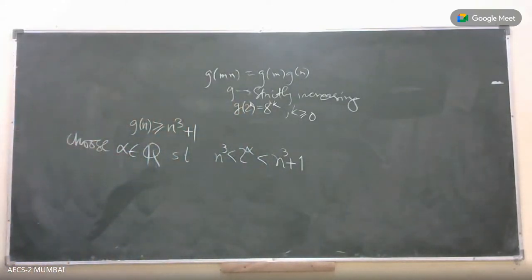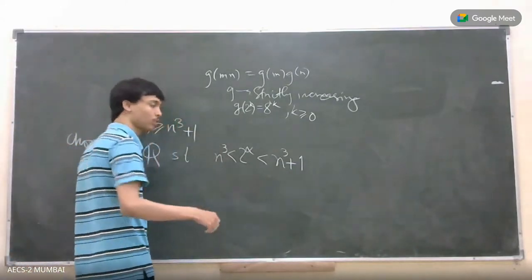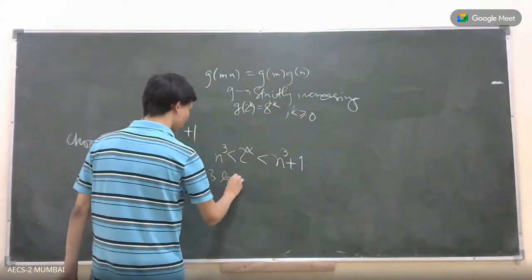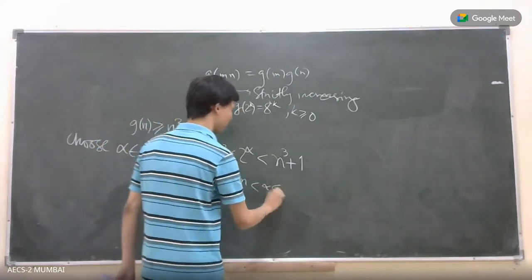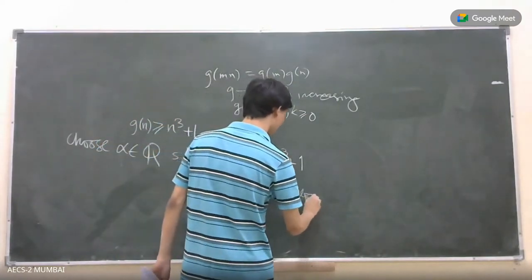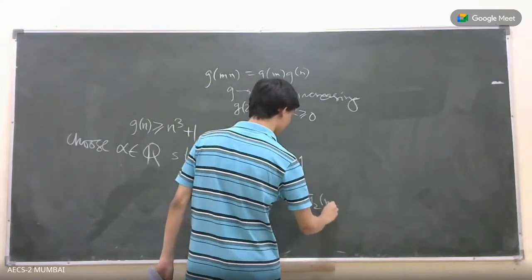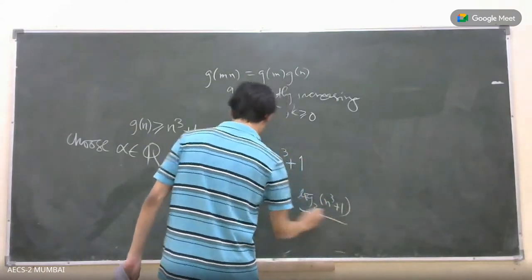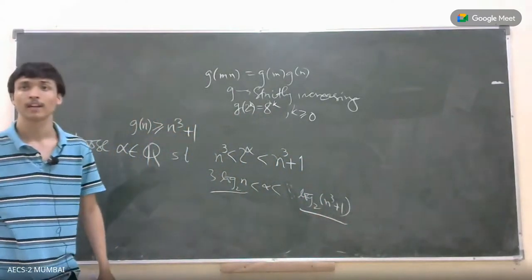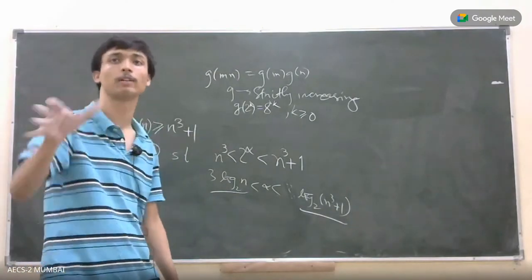Why can we do this? Basically, if I take log to the base 2, you get 3 log base 2 of n less than alpha less than 3 log base 2 of n cube plus 1. This is a real number, this is a real number, and you can always find a rational number between two real numbers.